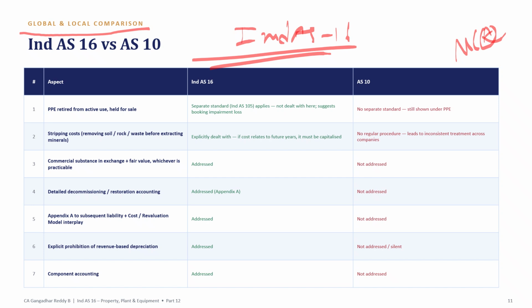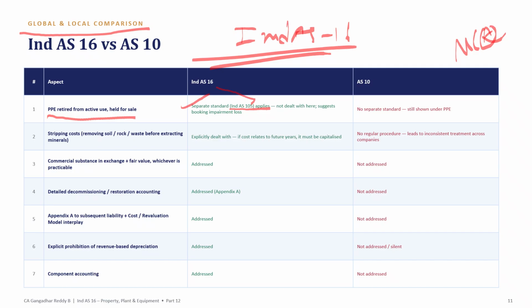I will filter the very good examples on differences between Ind AS 16 and Ind AS 10. In Ind AS 16, if PPE is retired from active use or held for sale, there is a separate standard for that. So you should transfer this liability to that standard. I mean, as per that standard, you should apply.